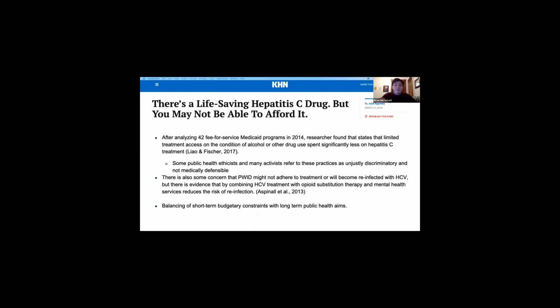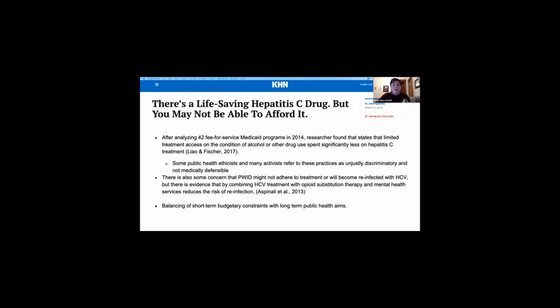And so some public health researchers have looked at, well, how did Medicaid programs try to handle this? There's some evidence that suggests that many limited access on the condition of alcohol or other drug use. So they said, if you use drugs, if you're currently using alcohol, you either can't access treatment or are on lower priority for accessing treatment.